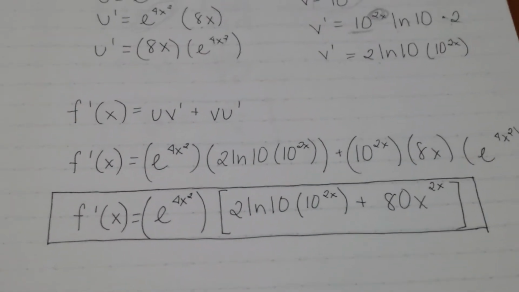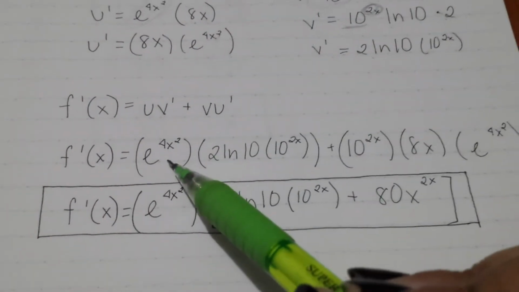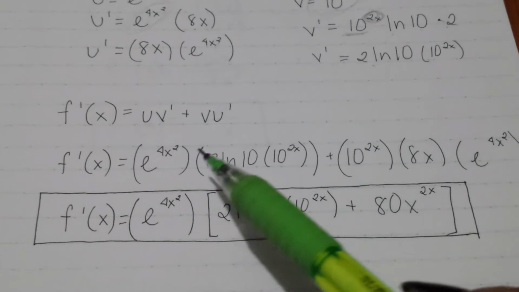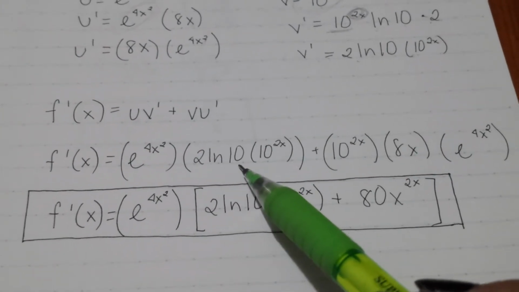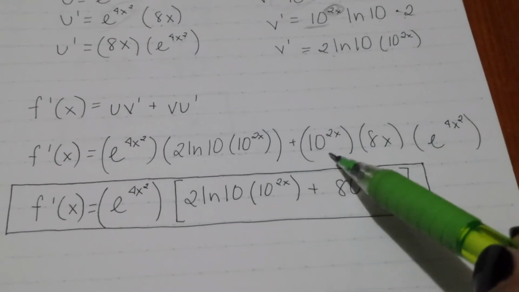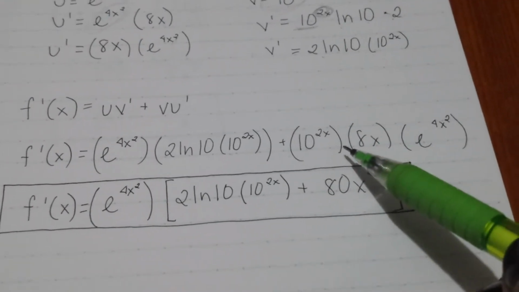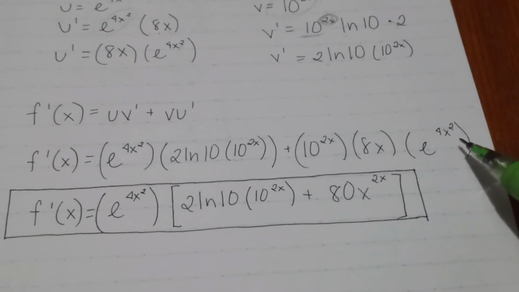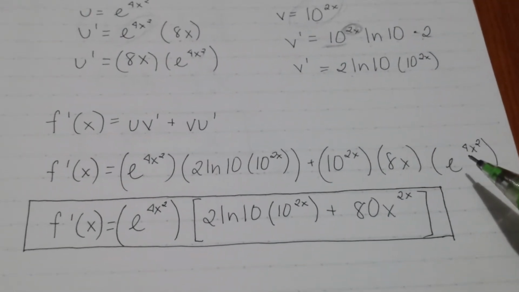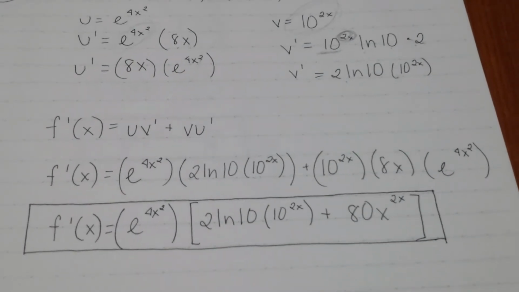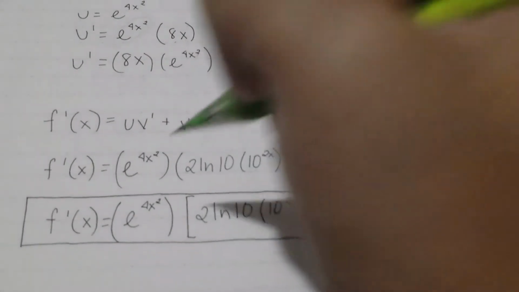So we have to substitute. u is e raised to 4x squared. Then 2 ln of 10, quantity 10 raised to 2x, plus 10 raised to 2x times 8x times e raised to 4x squared. So we have to factor out the e.